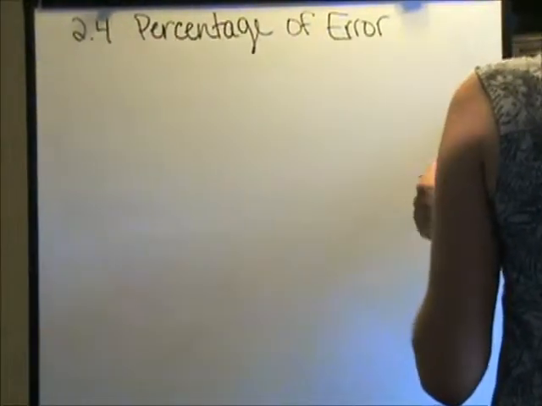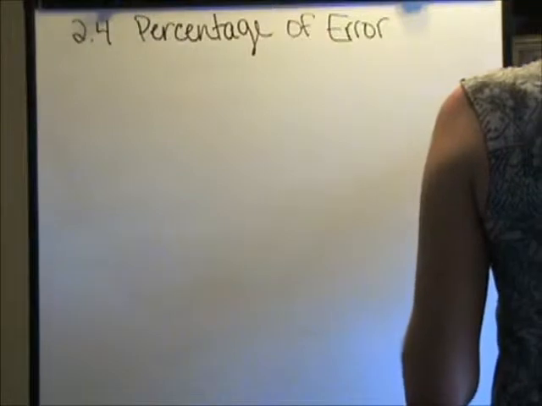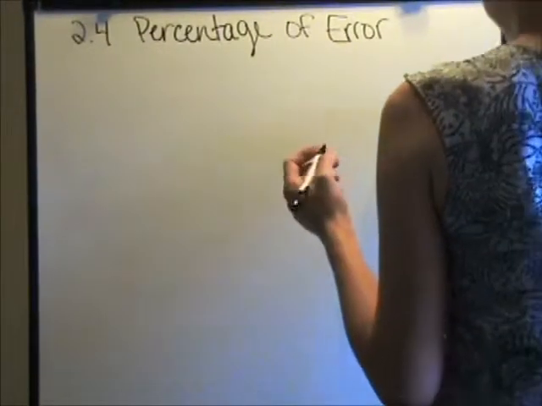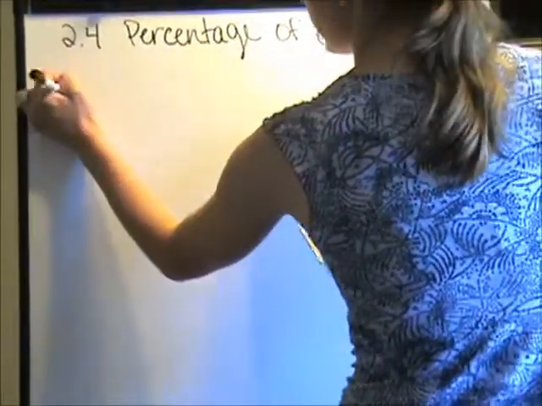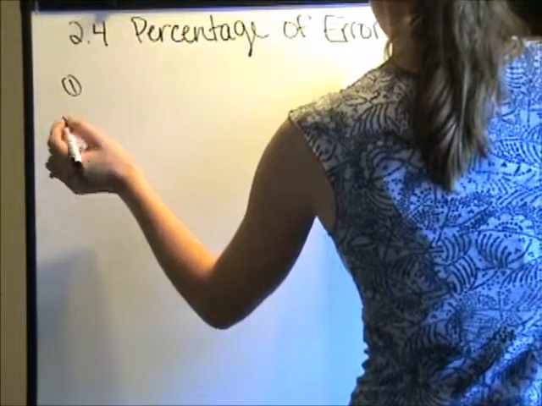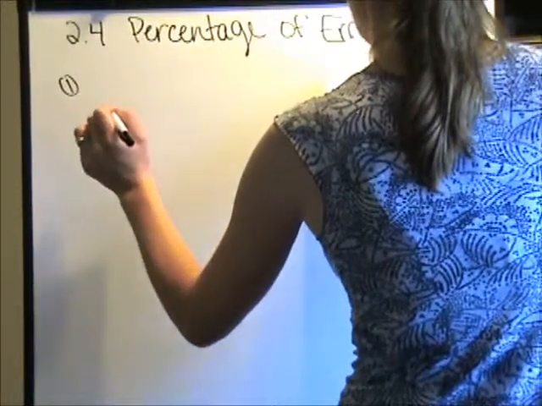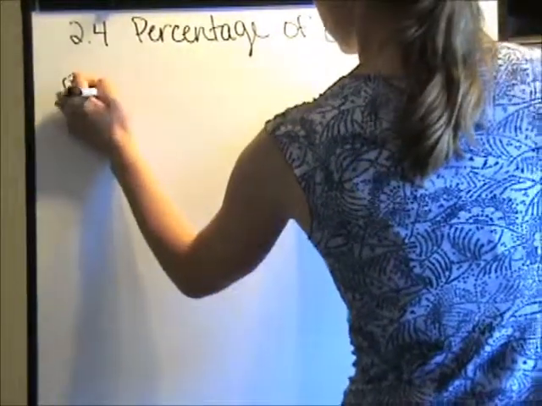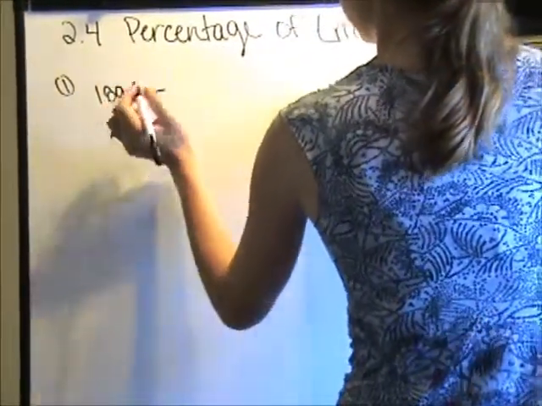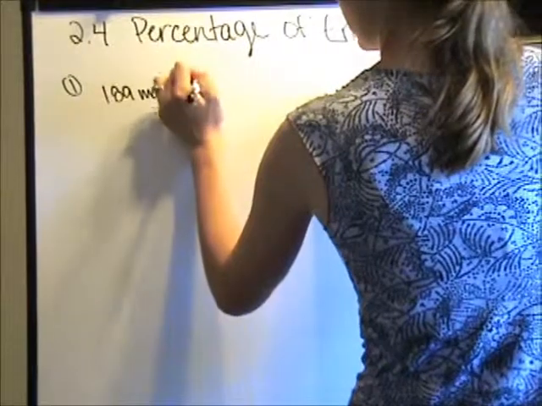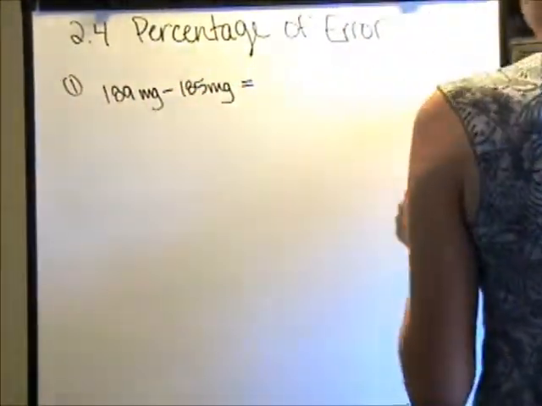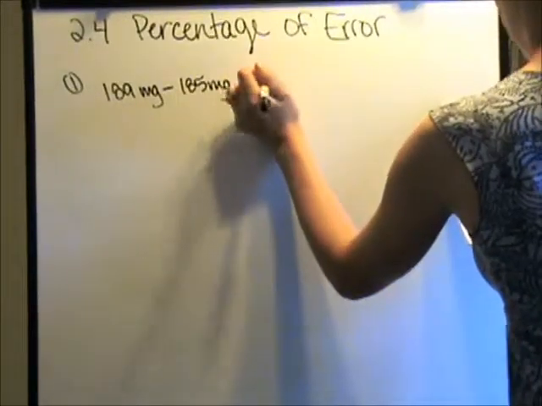Calculate the percentage of error for the following measurements. Assume that the measured amount is equal to the quantity desired. Number 1, the measured weight was 185 milligrams, but the actual weight is 189 milligrams. First thing we need to find is our amount of error. 189 minus 185 is 4.